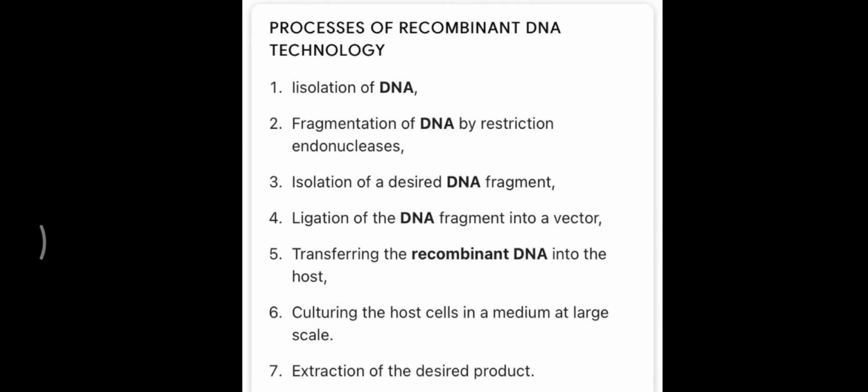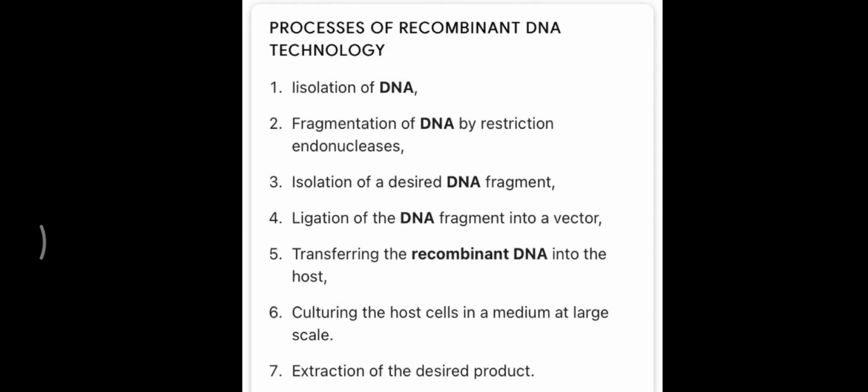Now, after cutting the source DNA and vector DNA by a specific restriction enzyme, they are ligated to each other with the help of DNA ligase, and this results in the formation of recombinant DNA. So, the 4 steps we have already done, step number 1, 2, 3 and 4. The detailed account was discussed when we studied the tools.